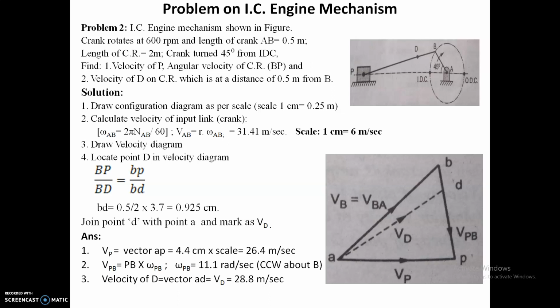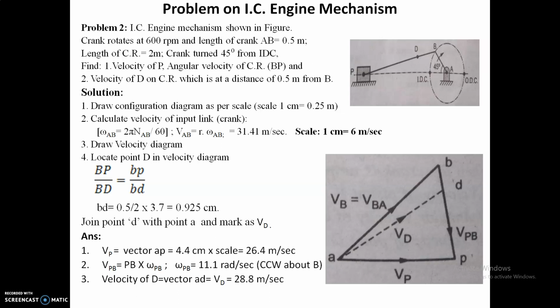It is 600 rpm. Omega, that is the angular velocity of the crank, you can easily determine by using the basic formula 2 pi N divided by 60. RPM you know, so by keeping the value of RPM, you will get the omega value for the crank.